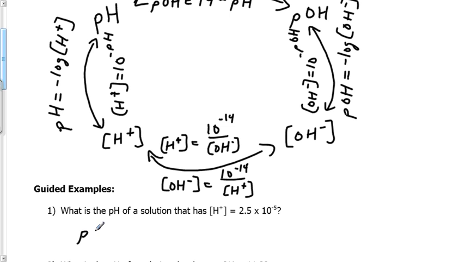So the pH is going to equal the negative log of the concentration of H+, which is 2.5 times 10 to the negative 5th.